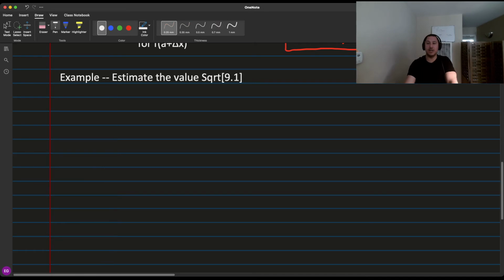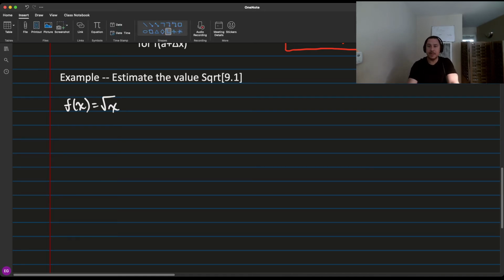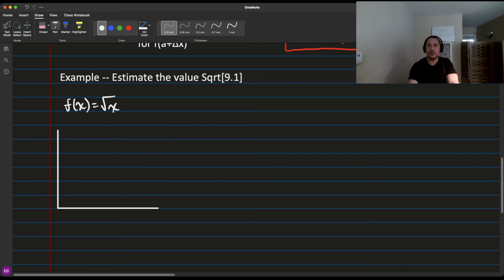So our f of x is the square root function. Square root looks something like this. Now we want to know this value right here, the 9.1. What is a value close to 9.1 that you could actually calculate?